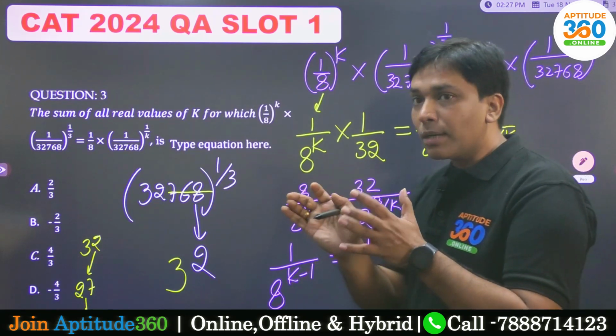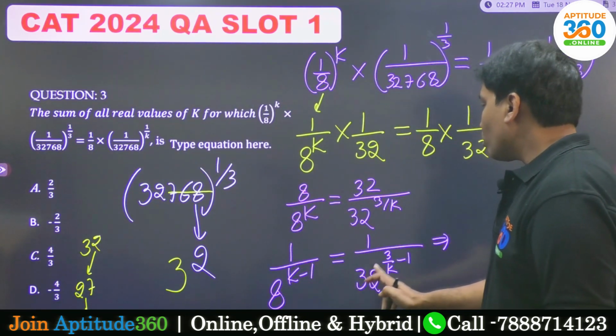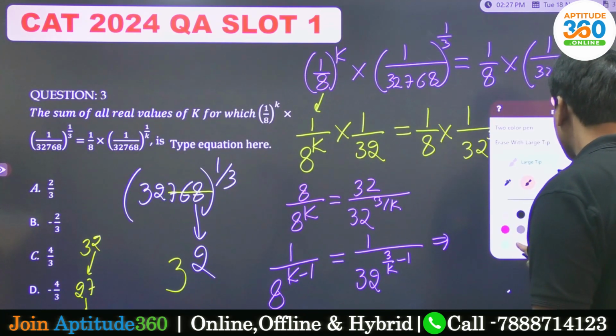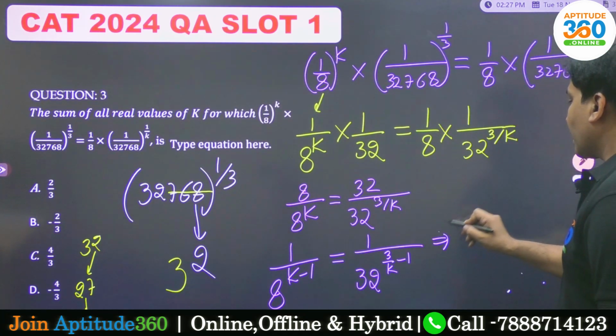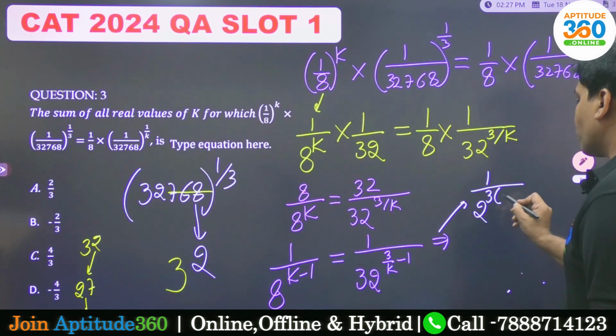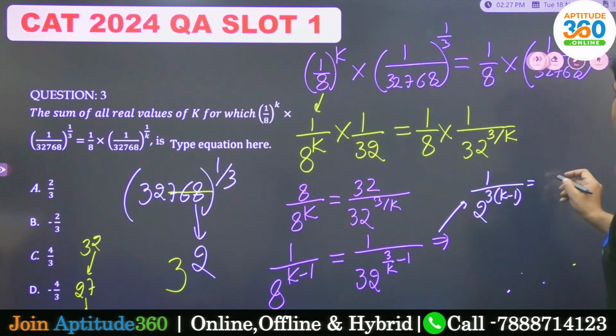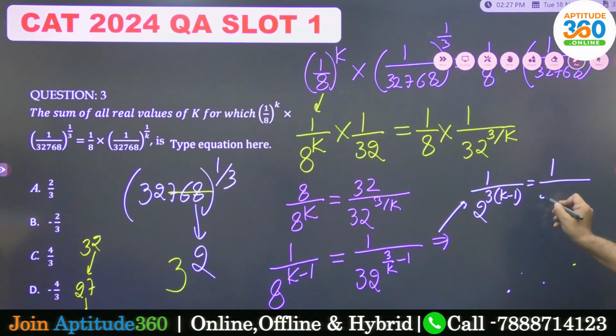Since we want to do the comparison, 8 can be written as 2 raised to 3 and 32 can be written as 2 raised to 5. So over here it becomes 2 raised to 3(k minus 1), and the next value out here is 2 raised to 5(3 upon k minus 1).